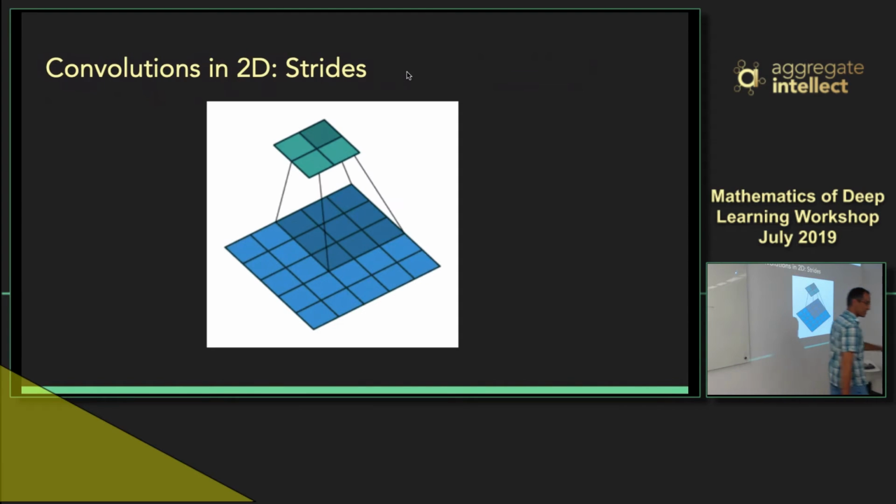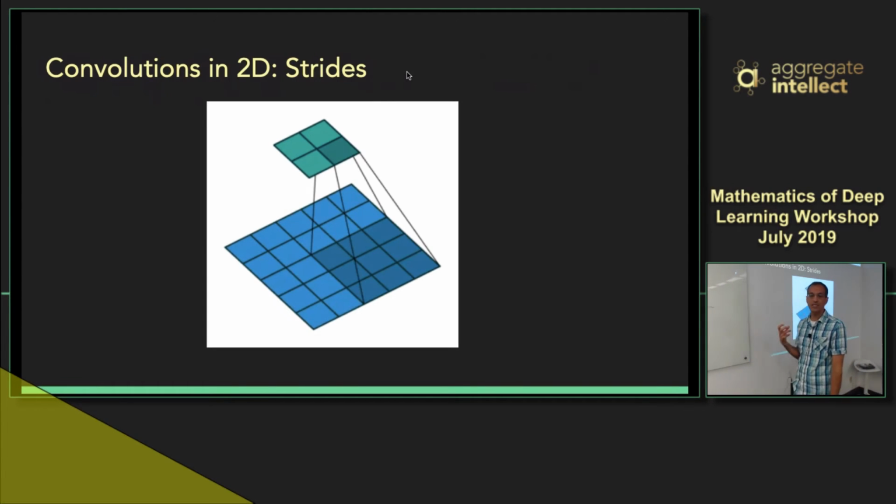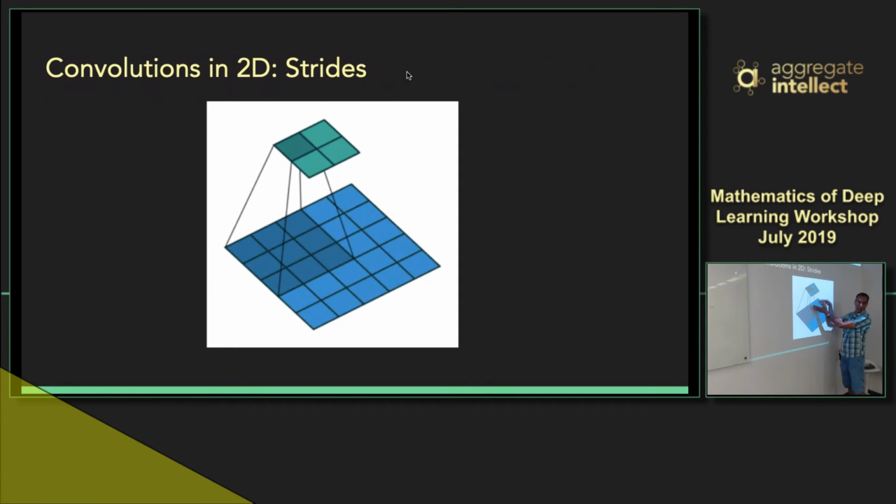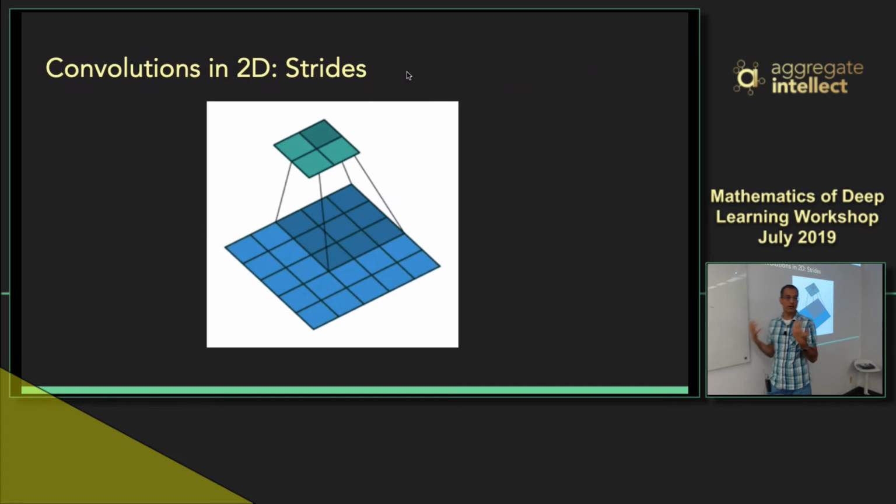Let's talk about strides. So far, in the previous case, we were sliding our kernel by one component, by one pixel, right? But it's not necessary to pick the slide to be only by one step. We can make it jump by 2 or 3 or 10 or 100, and that's called stride.